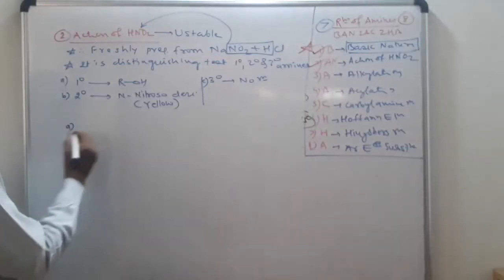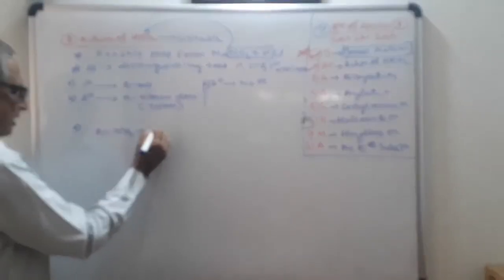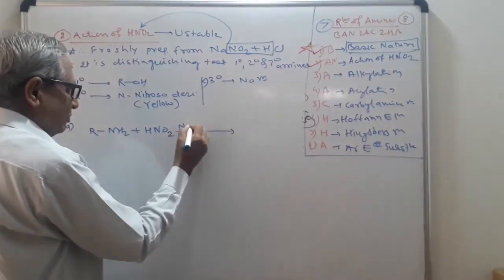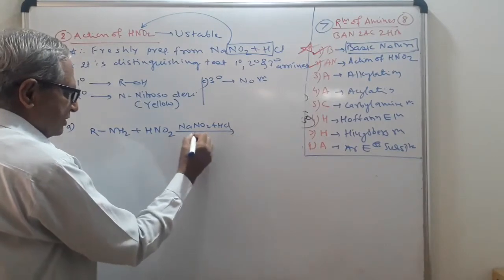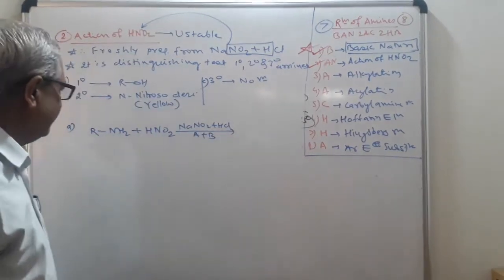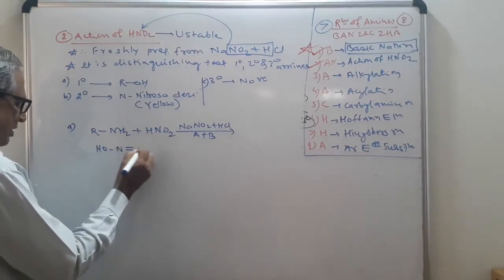See the A part, consider the primary amine RNH2. You do the reaction with HNO2, which is derived from NaNO2 and HCl. Sometimes the question will say, identify A and B. HNO2 can also be written in this way.